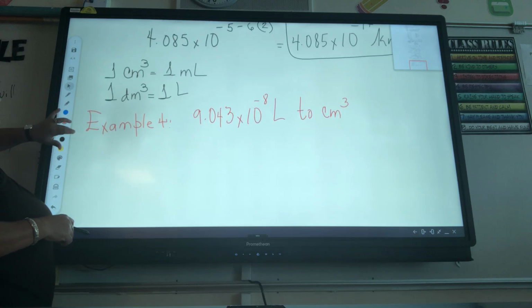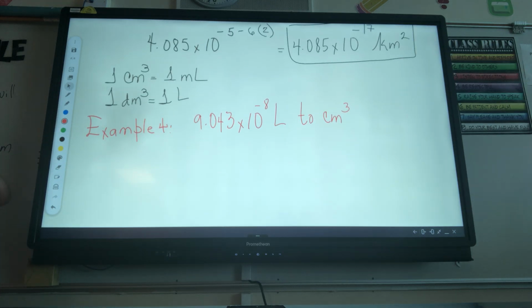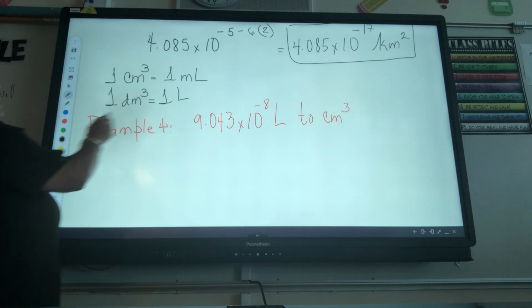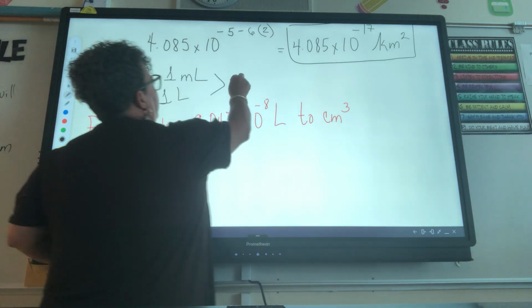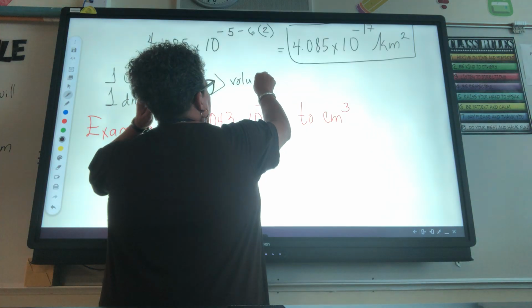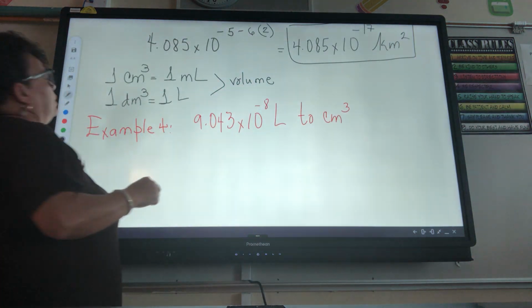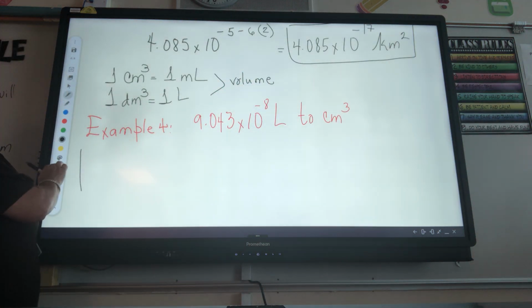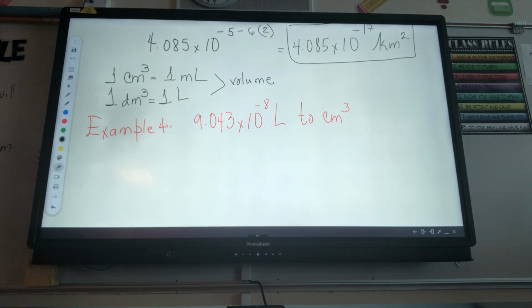The one above is square because it's area. Over here is cubic because over here I'm measuring volume. Okay, you're ready for number 4.